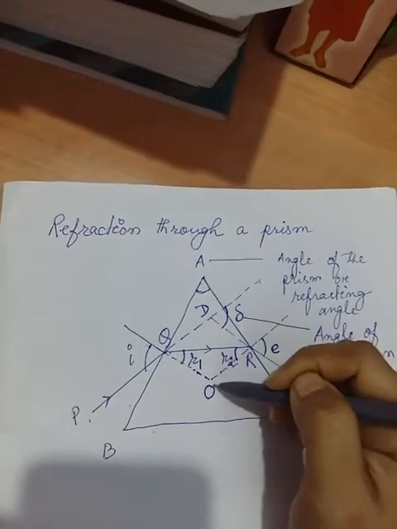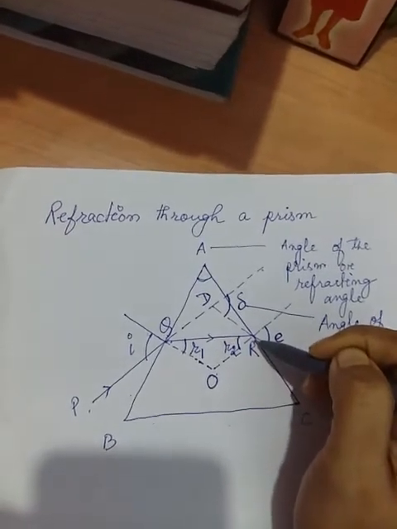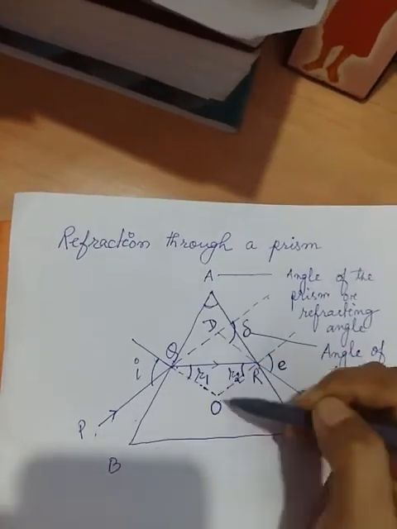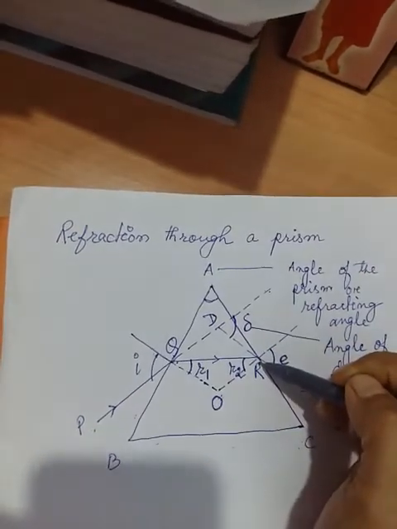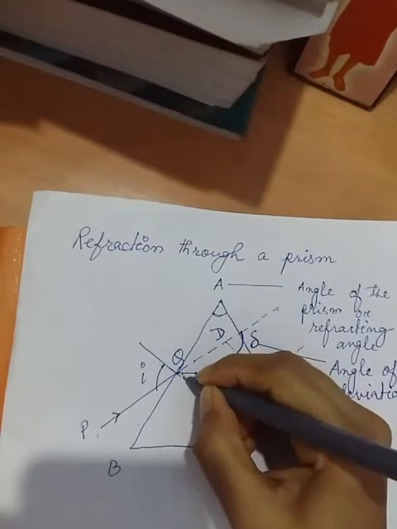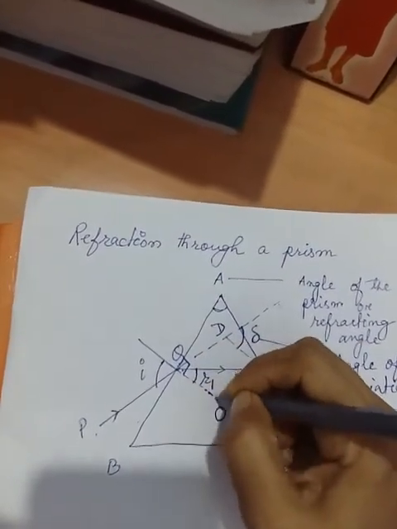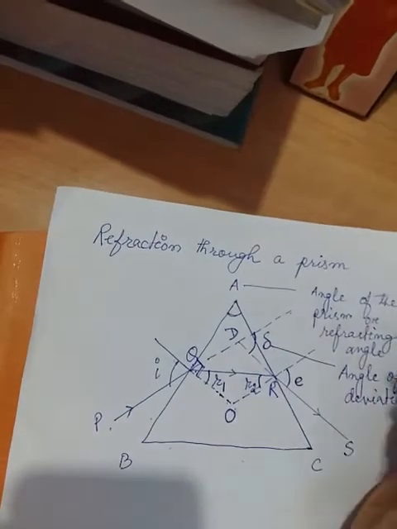Now if you observe in the diagram, A, Q, O, R is a quadrilateral. Since this is the angle between the surface and the normal, this angle is 90 degrees.